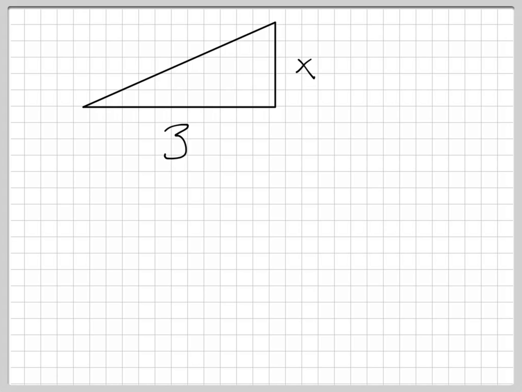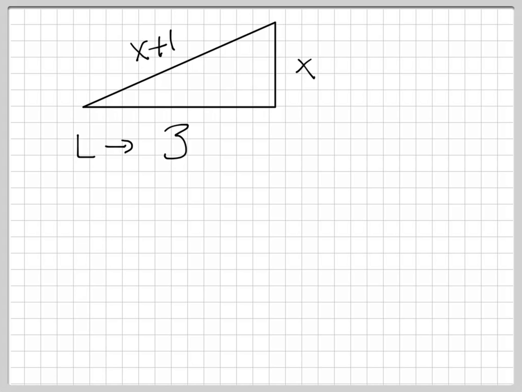So let's look at a more complicated example that's going to use some actual variables. So here I'm going to tell you you have a 3, x, x plus 1 right triangle.